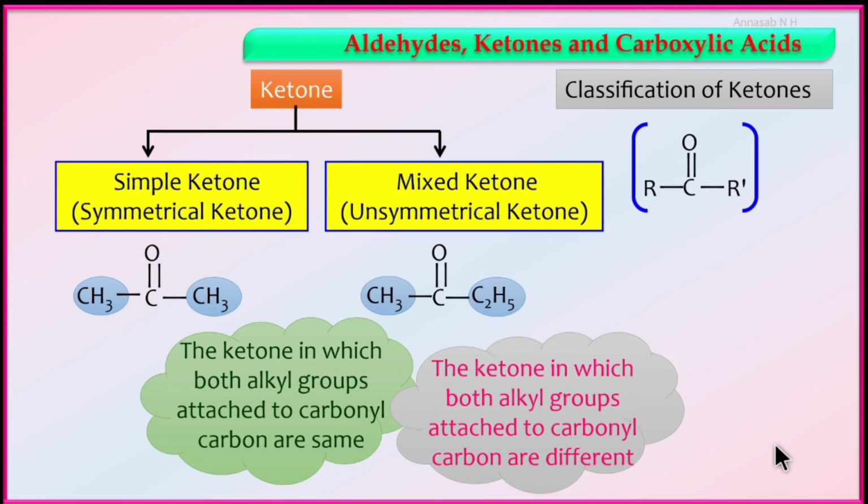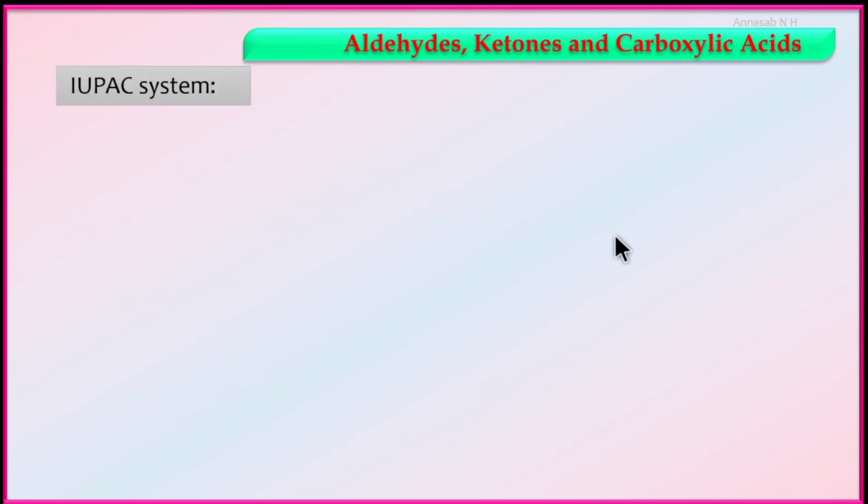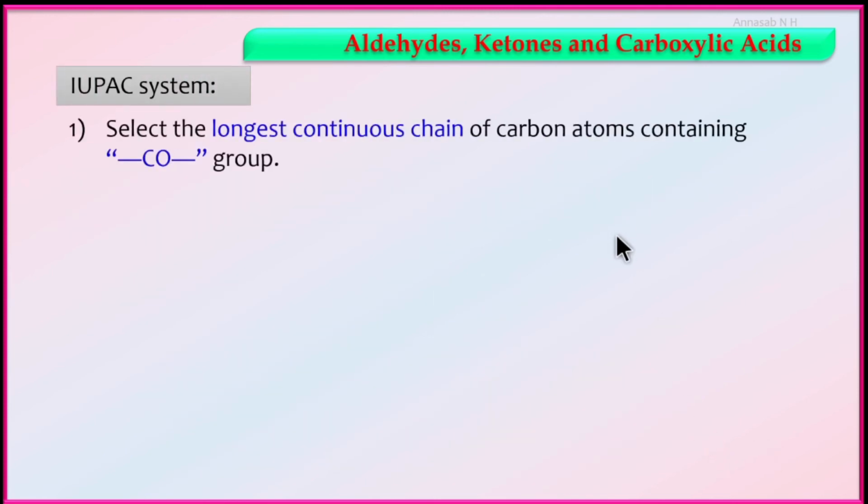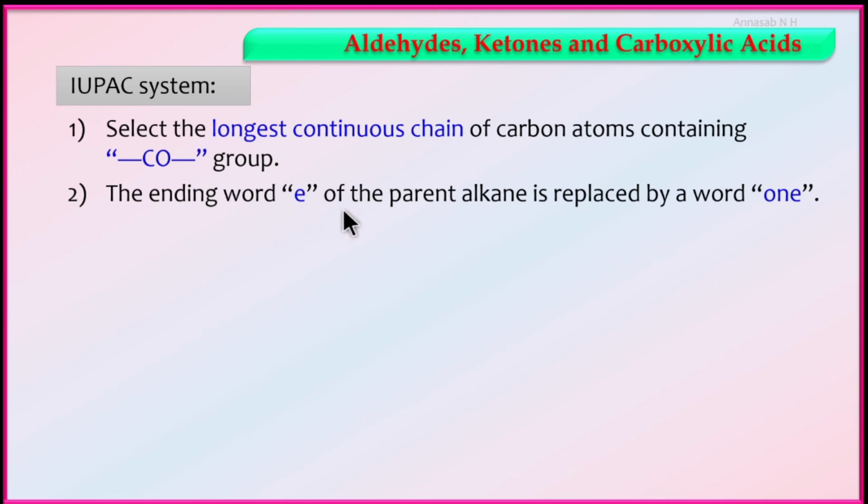Moving to nomenclature of ketones, the IUPAC system of naming. We select the longest continuous chain of carbon atoms which contains the CO group as the parent chain, and the ending E of the parent alkane is replaced by ONE or ON.